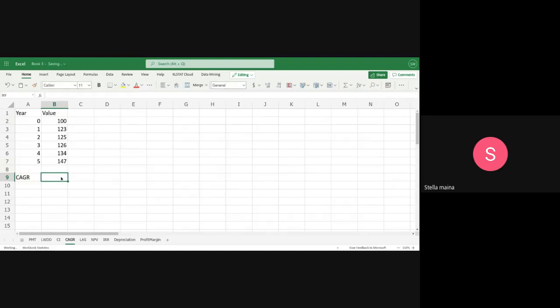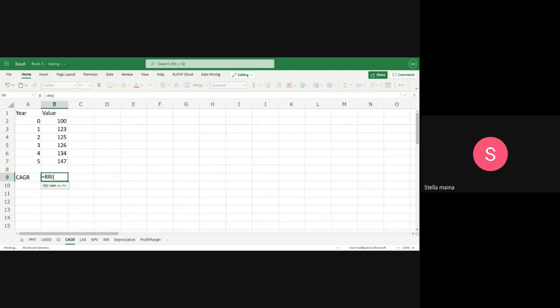To do that, I will use the RRI formula. It gives us a quick pop-up which says it returns an equivalent interest rate for the growth of an investment. Excel does not have a formula for us to get the compound annual growth rate directly, so we use the RRI.